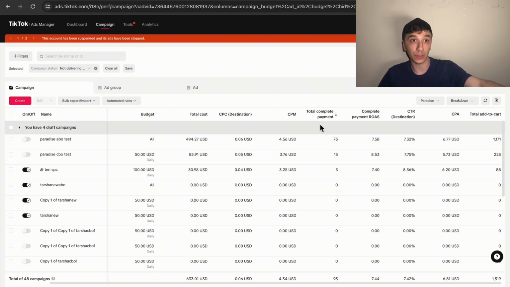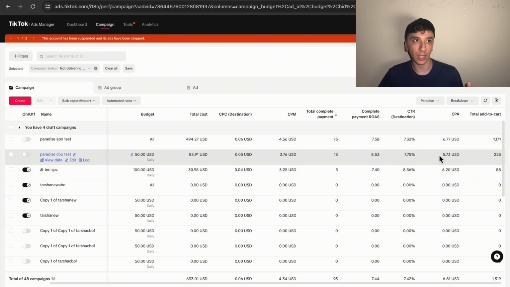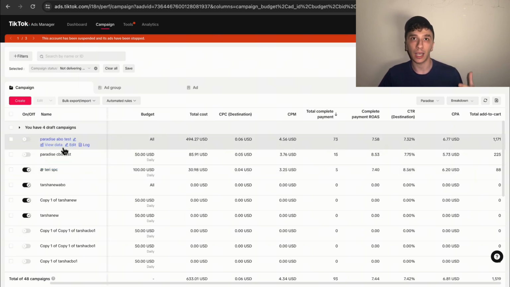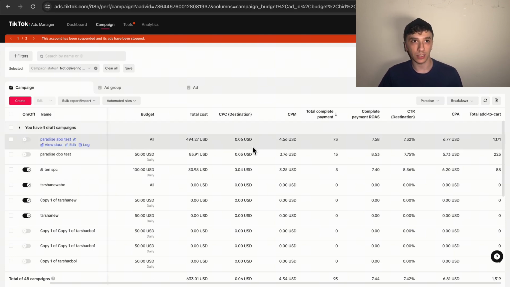My CPAs were very low, and these were generally just ABOs, the one that I spent the most money on, and that's why I'm teaching how to run ABOs, because ABOs generally hit very well. Another thing that I did with this product was I used Spark ads, and these click-through rates, I've never seen them before prior to doing Spark ads, so that's something you can try.